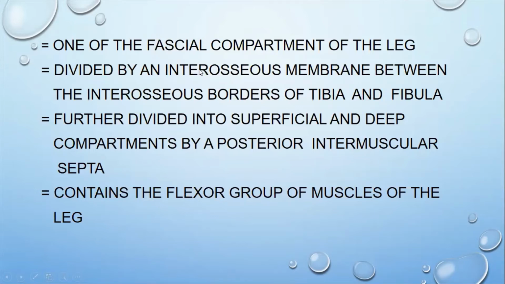Now, this is divided by an interosseous membrane between the interosseous border of the tibia and fibula, and further divided into superficial and deep compartment by a posterior intermuscular septa. The interosseous membrane will give you an anterior compartment and a posterior compartment.